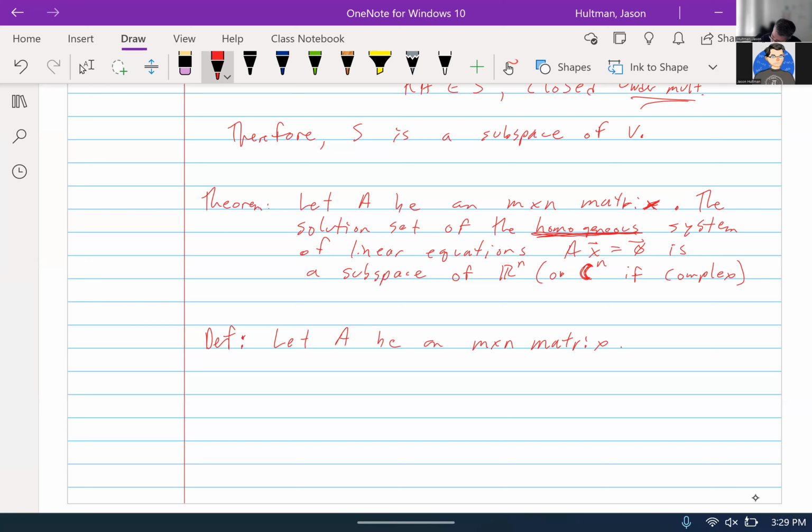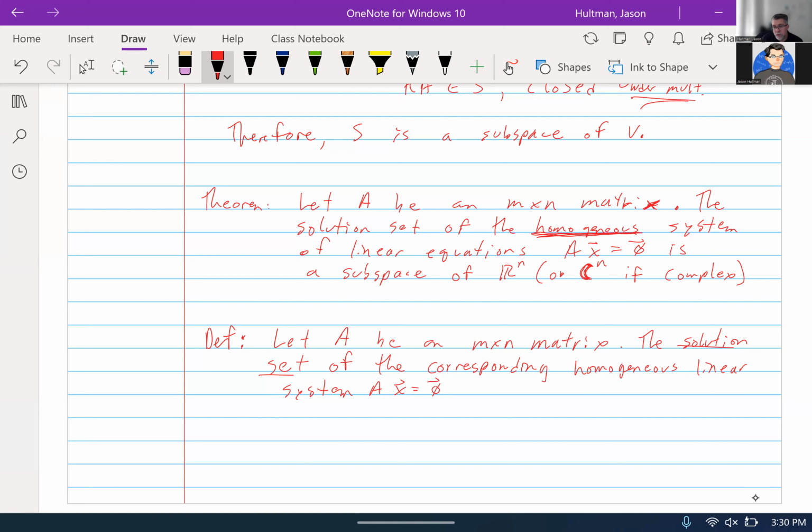The solution set of the corresponding homogeneous linear system AX equals 0 is called the null space.